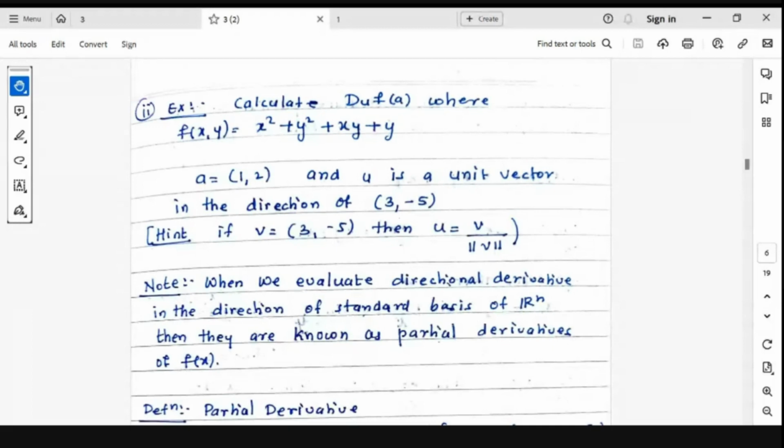Mostly the unit vector concept is taken to get the uniqueness of the answer. If you don't take the unit vector, just imagine, for example, if you take a vector 1, 0, how many vectors can you plot in the direction of 1, 0?